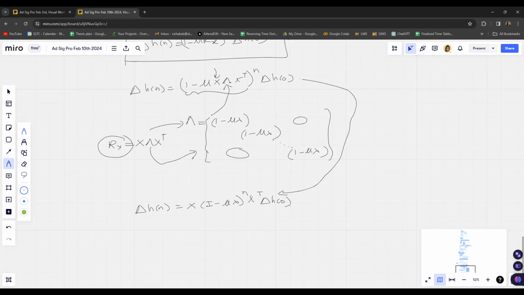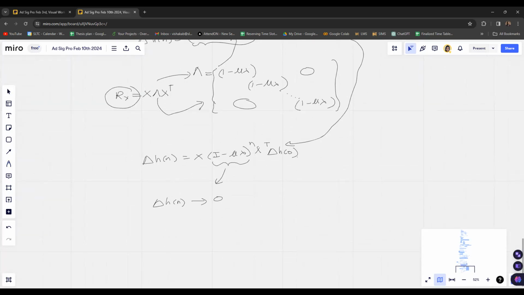So the ones that we can control in here, we are going to be concerned about. So the values of mu you can control in this system, right? Therefore you are going to focus on this part mainly. In order for us to make the delta Hn value go to 0, we have to make this I minus mu lambda to the power n go to 0.